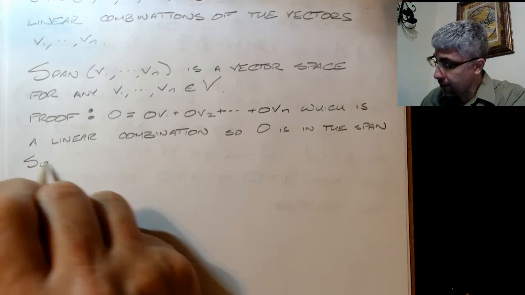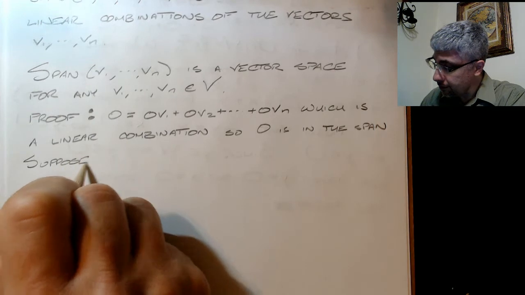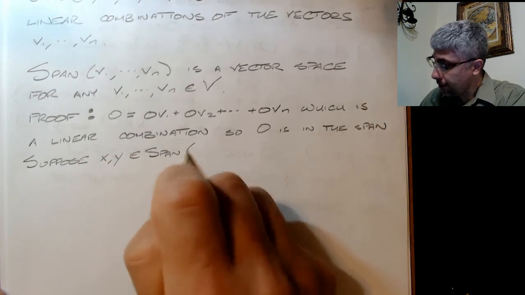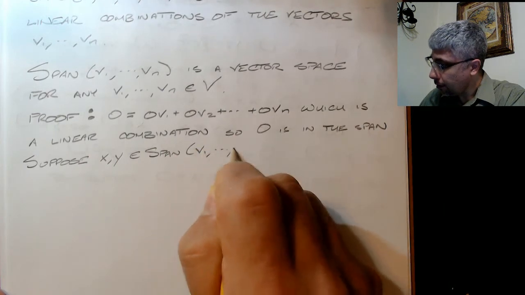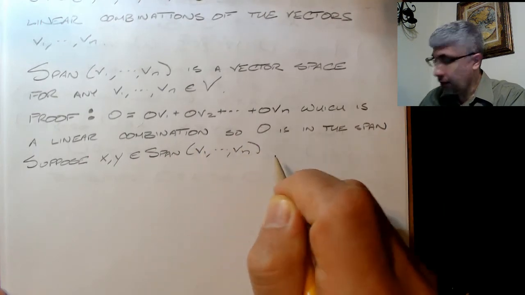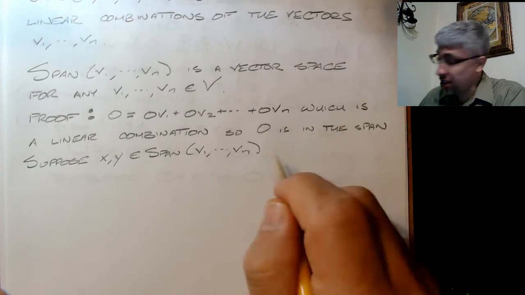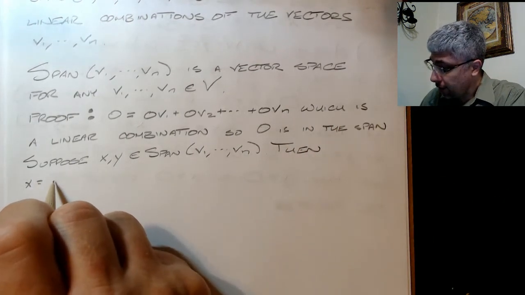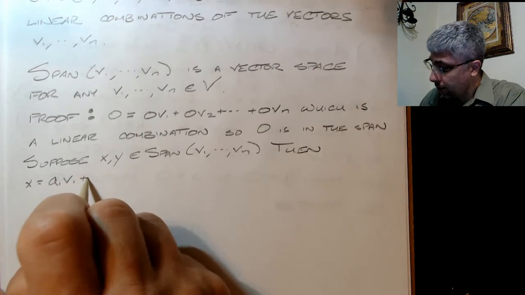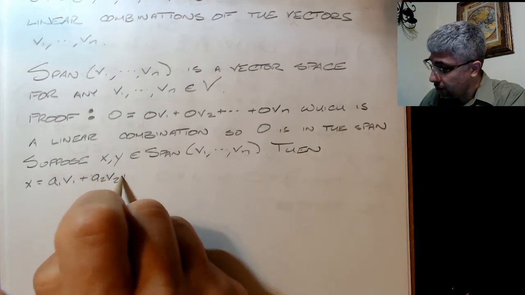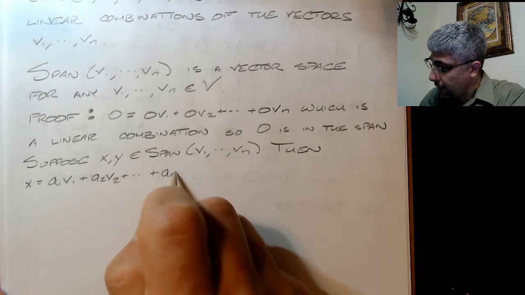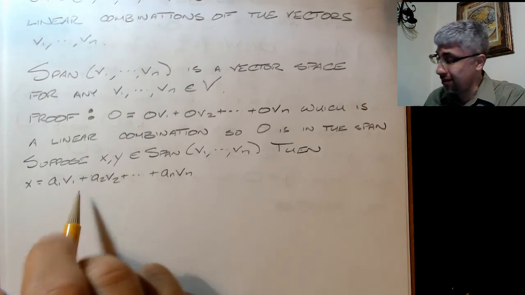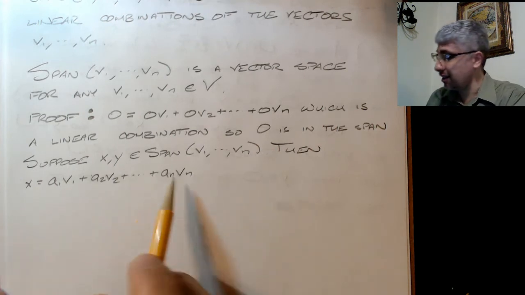So suppose x and y are in the span. What does that mean? It means they're both linear combinations. So then what can we do? Well, we could just write them. X is going to be equal to a1 v1 plus a2 v2 plus dot dot dot an vn.